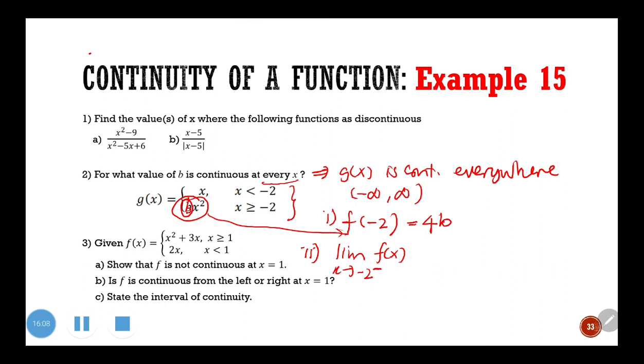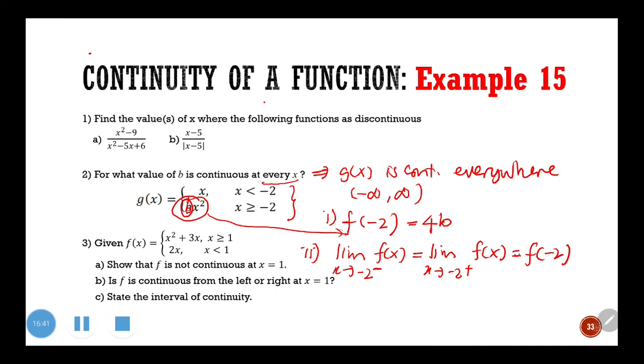Because if we want this function to be continuous, the limit must exist, so you have to make sure that the limit from the left is the same as the limit from the right, limit as x approaches negative 2 from the right of f(x), and it must equal f(negative 2). The third condition: the limit exists and must equal f at x equals a. In this case, our x equals a is negative 2.